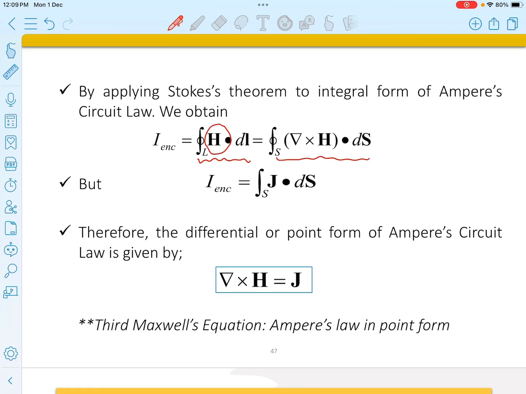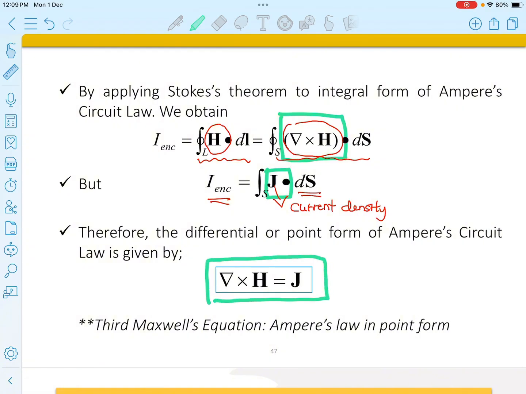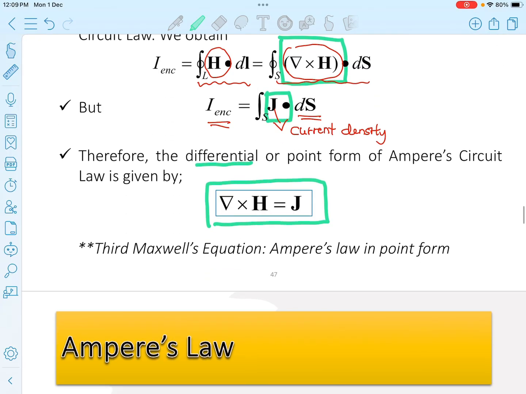So the H over here will become the curl of H. If you relate the current enclosed by the Ampere path and the current density from the surface, we could say that the curl of the vector H is equal to J, the current density. This is also Ampere's law, but we write it in the differential form.